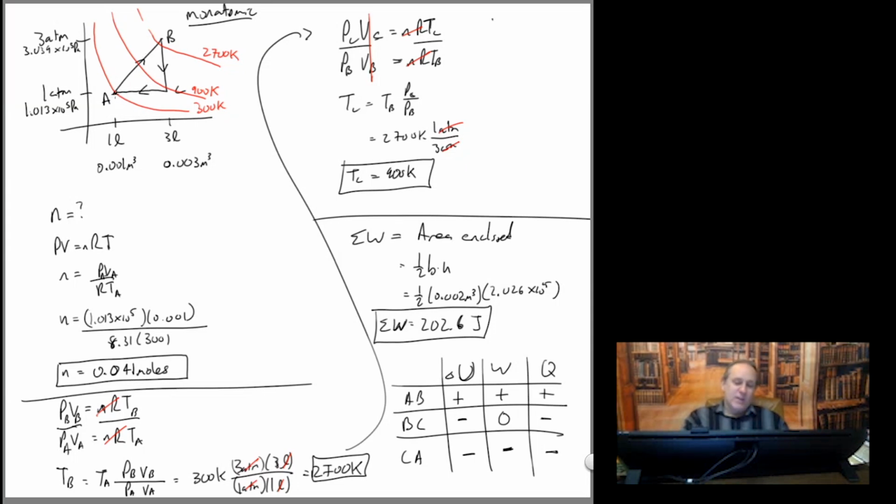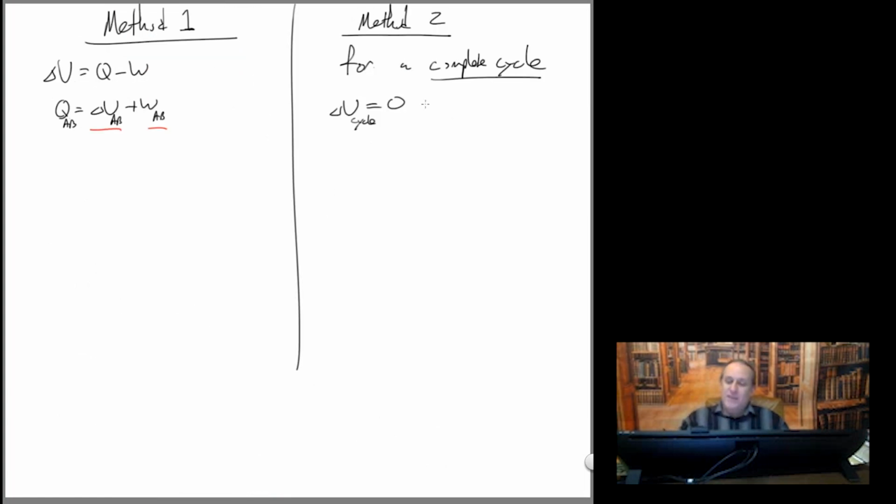So by the time we get back to our starting point, the temperature is back to its starting point, and therefore there's no delta T for the cycle. So that means that Q for the cycle minus W for the cycle has to be 0.